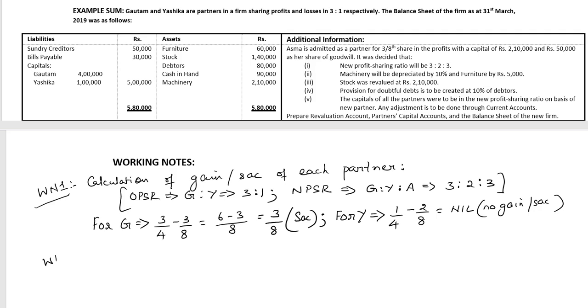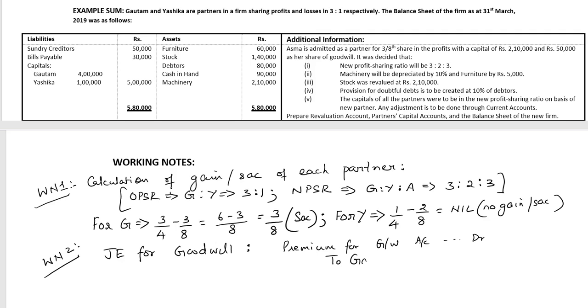So the journal entry, working note 2, journal entry for goodwill. Asma brings in her share of goodwill in cash. So it's premium for goodwill account debit, to the sacrificing partner, who is Gautam, to Gautam's capital account.